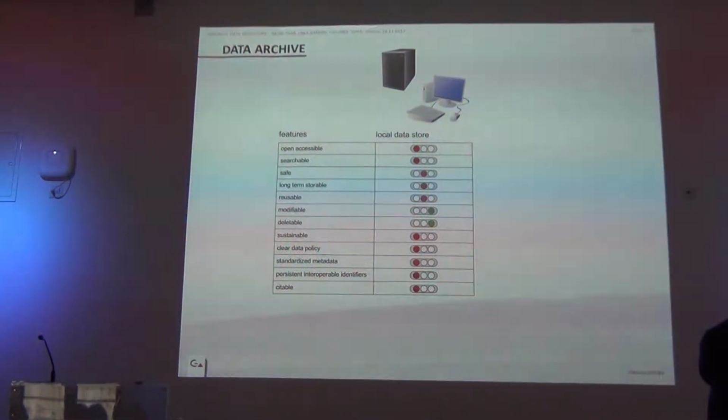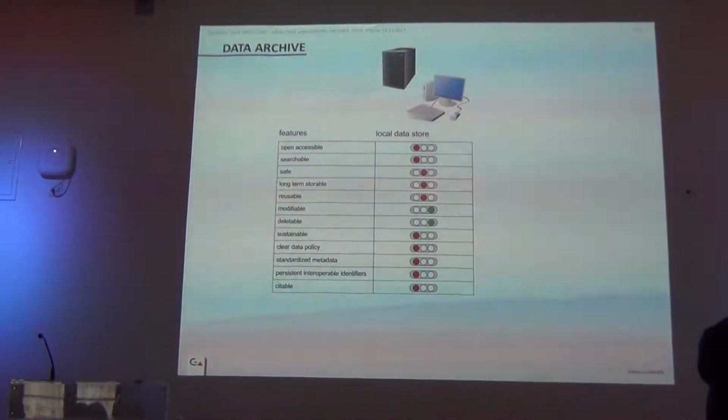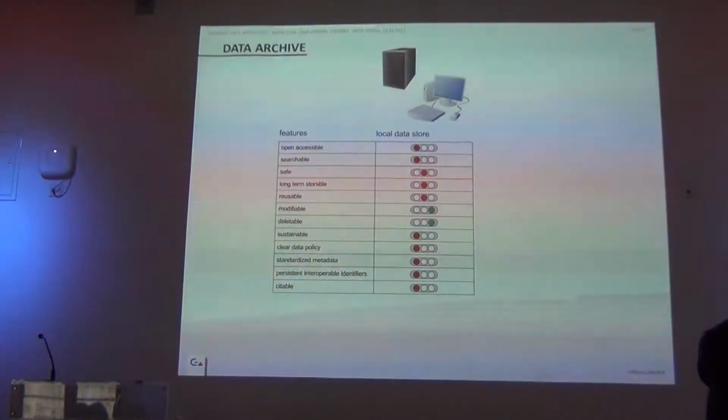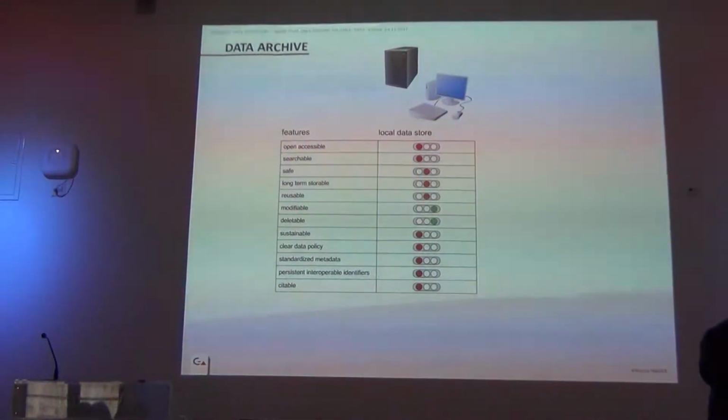Either your PC breaks down, so you lose the data, or the license of your software expires and you can't open the data. It might be possible that the software has a backup, and after a new version you can't open the data, so it's quite risky. But at least you can delete it or modify it, that's fine.